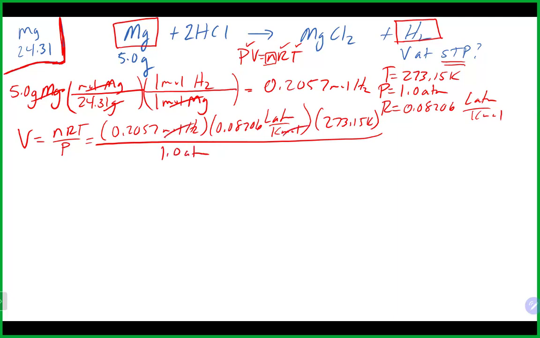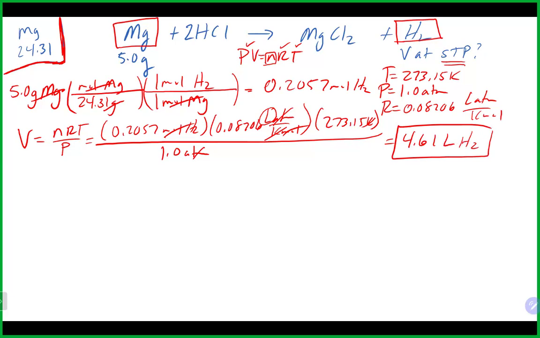Moles are going to cancel, Kelvin going to cancel, atmosphere is going to cancel, once again leaving us liters at this point. If we put all that in there, 0.2057 times 0.08206 times 273.15 is going to give us 4.61 liters of H2 in this case.